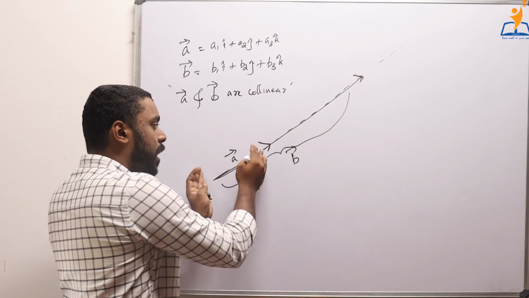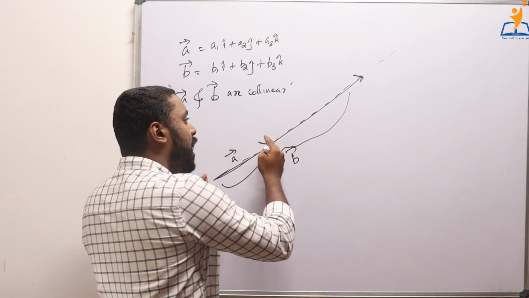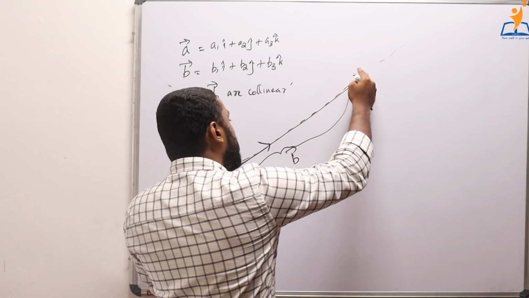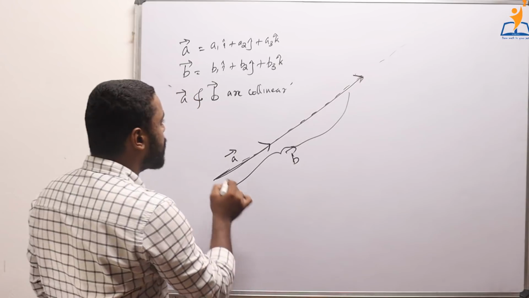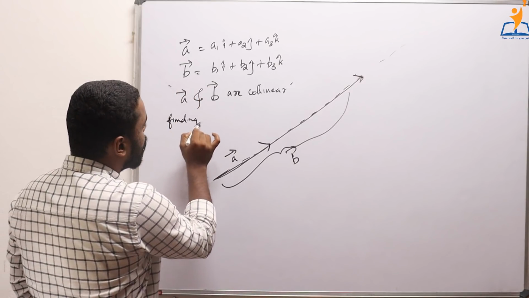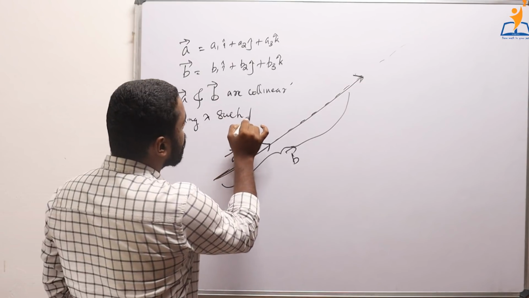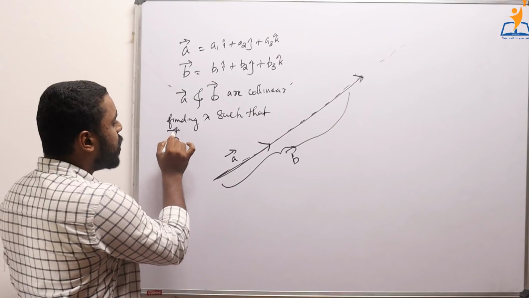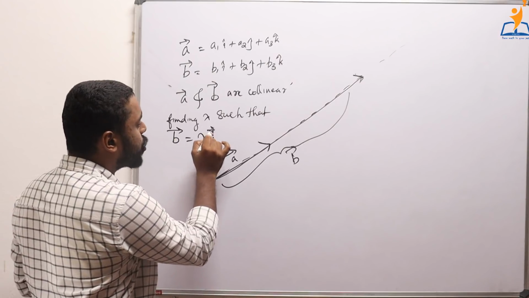If we multiply a with some lambda, a will become bigger and bigger until the size of a becomes b. That is, we have to find a lambda such that vector b is equal to lambda into vector a.